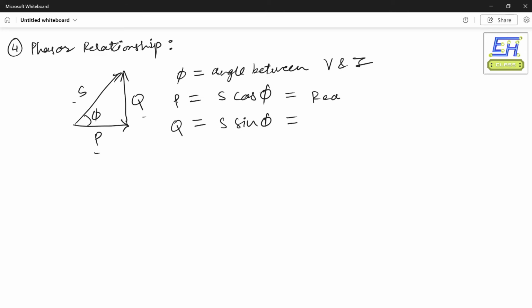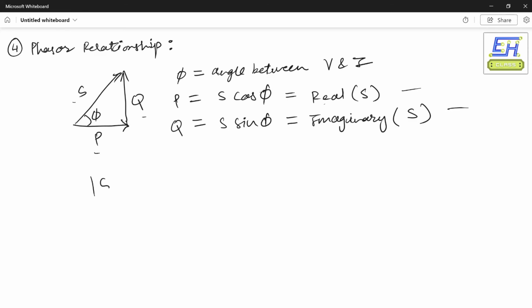And what does this mean? For more intuition, this real component will be just the real component of S, the apparent power, and the imaginary or reactive will be the imaginary component of S. And our S is nothing but a complex number. That's why we can have real and imaginary parts.